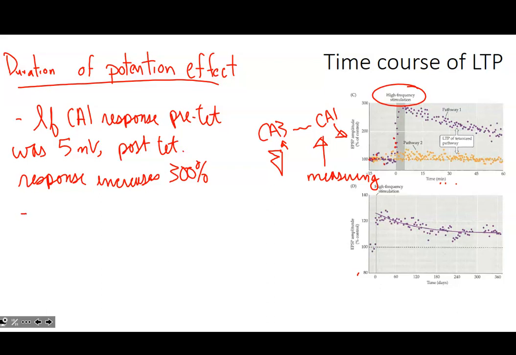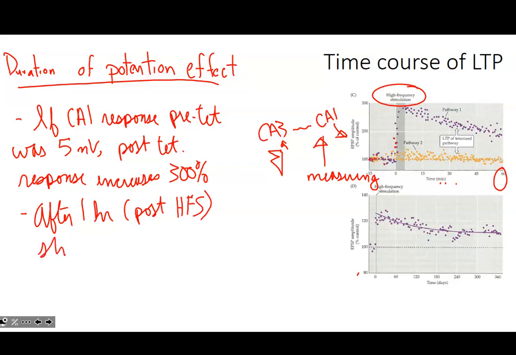And now let's look at the duration. If we're going out an hour, after 1 hour, right? So we're talking 1 hour post-tetanus, right? Post high frequency stimulation.